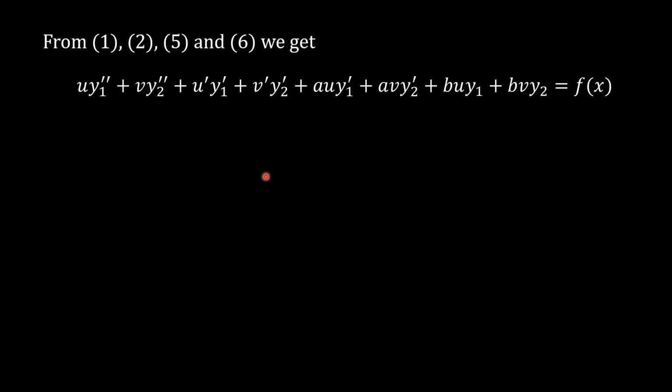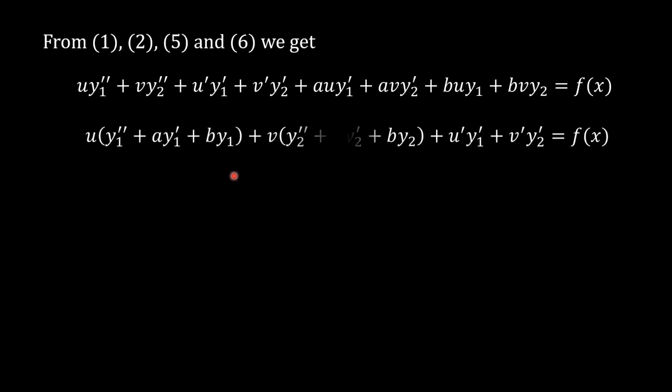Now we will simplify this expression. We collect all the coefficients of u and the coefficients of v. That gives us u into (y1 double dash plus a y1 dash plus b y1) plus v into (y2 double dash plus a into y2 dash plus b into y2) plus we are left with u dash into y1 dash plus v dash into y2 dash equal to f of x.